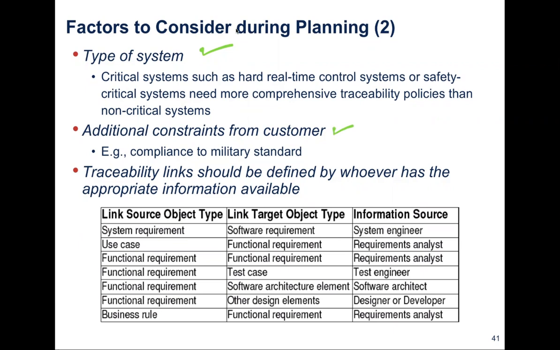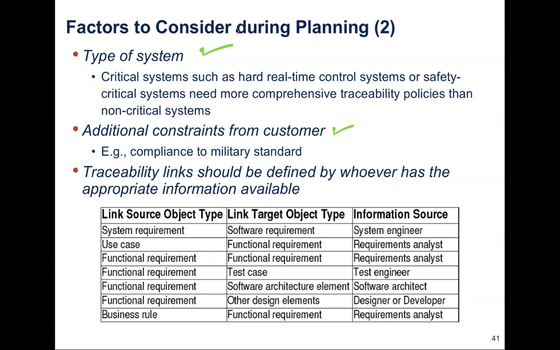Traceability links are also a big factor in the traceability planning process, because traceability links should be defined to identify the links and relationships between a requirement and other system artifacts. This could be defined by whoever has the appropriate information available.